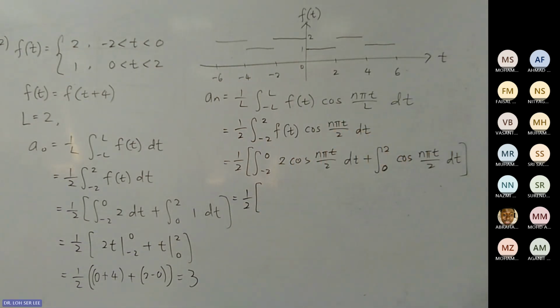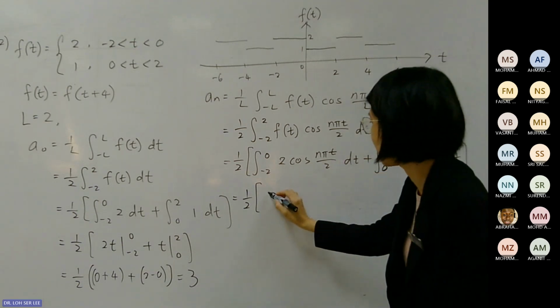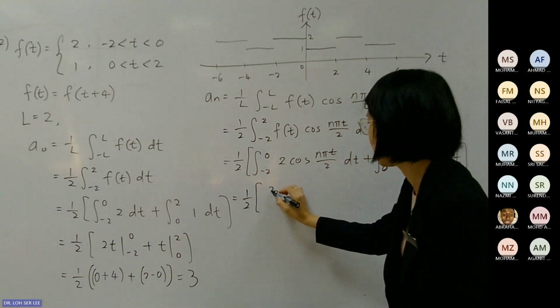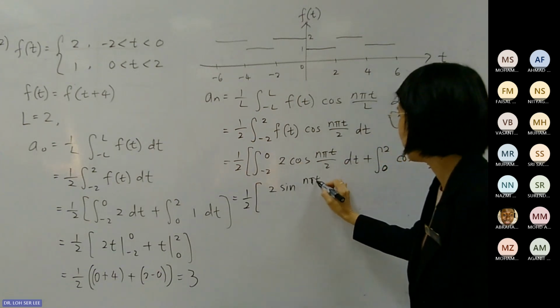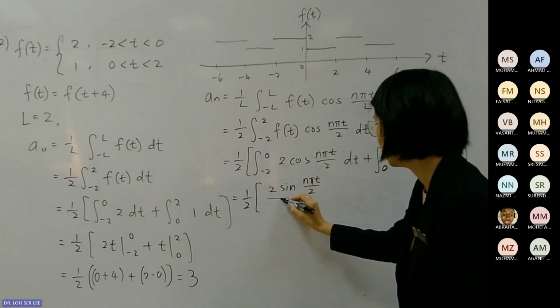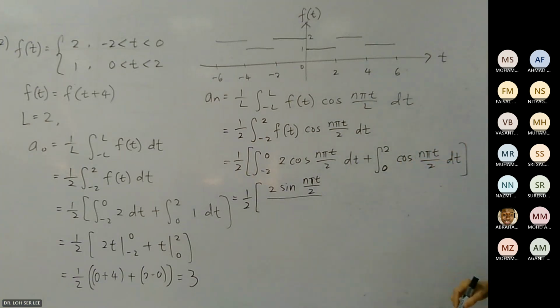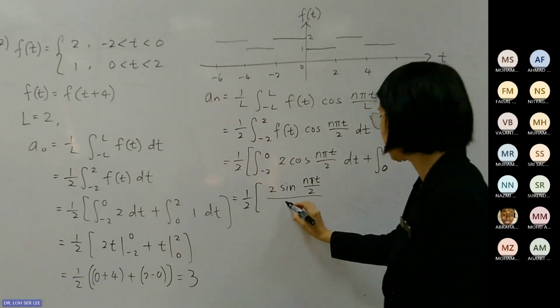There's only one function in t, so you just integrate directly. Integrate cos, okay, factorize 2 first. Integrate cos, you get sine n pi t over 2 over n pi over 2.